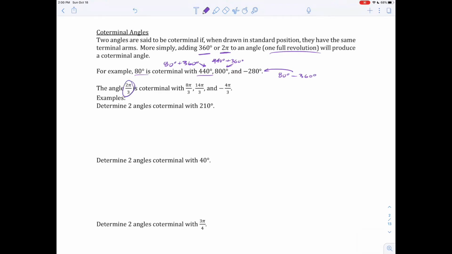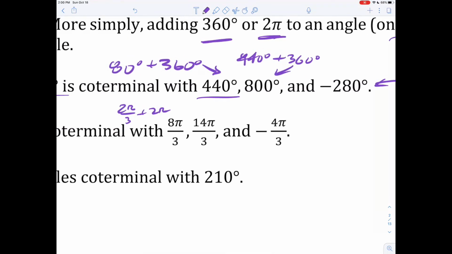If we take something like 2 pi over 3 and we add 2 pi, noting, of course, that that's like adding 6 pi over 3, then we'll get 8 pi over 3. And if we add another 2 pi, so another 6 pi over 3, then we're at 14 pi over 3.